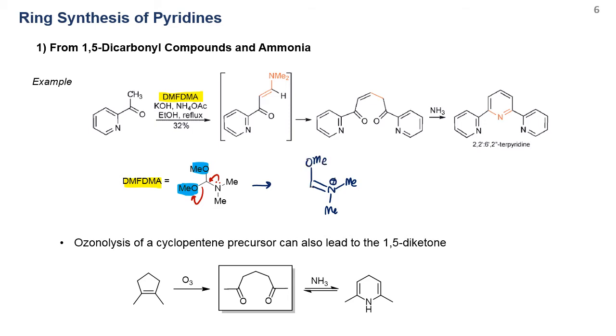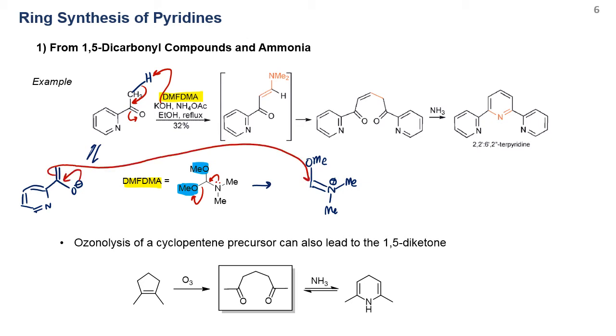And under basic conditions, some of the ketone gets deprotonated using potassium hydroxide, and now you are going to form the enolate of the ketone, and this enolate can attack the intermediate.